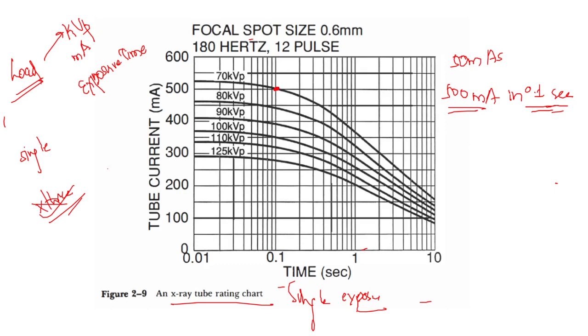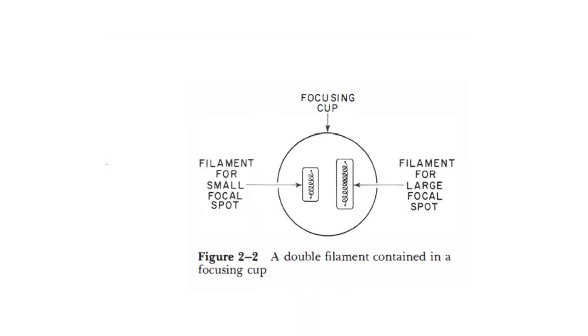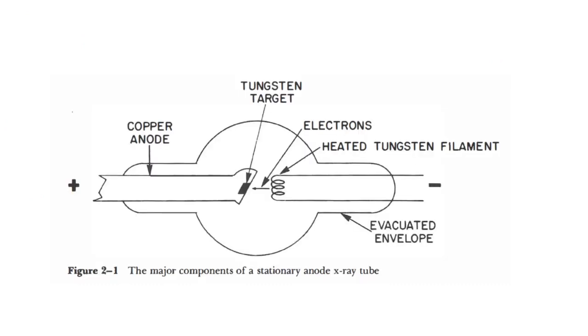There are certain procedures which require multiple exposures during a short period of time. Whenever there are multiple exposures in a short period, this will produce lots and lots of heat energy. So there are certain considerations to keep in mind. Number 1, the surface of the target anode can be overheated by repeated exposures.